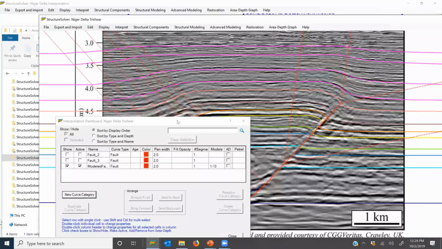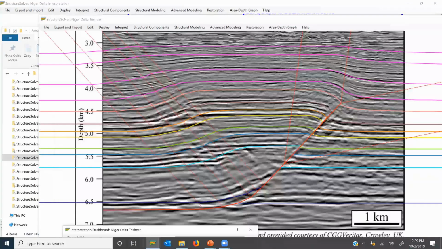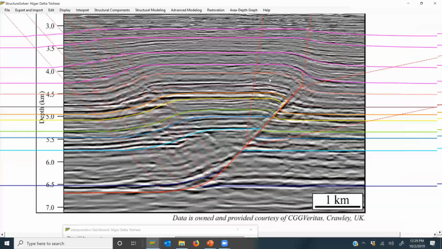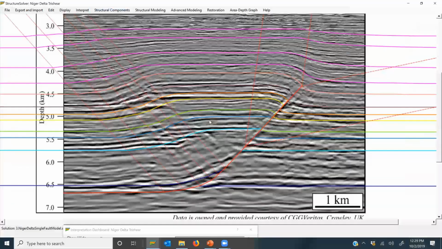So this is the same structure, same seismic section. And in this case, we've created a very simple structural forward model. So we've essentially simplified out those two back thrusts that we saw earlier to create a very simple continuum model to understand the evolution of this structure as well as the structural kinematics.